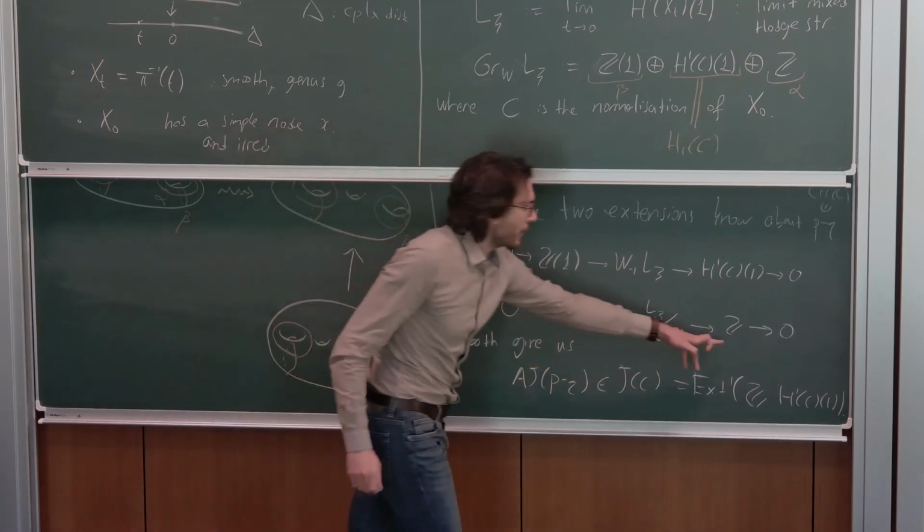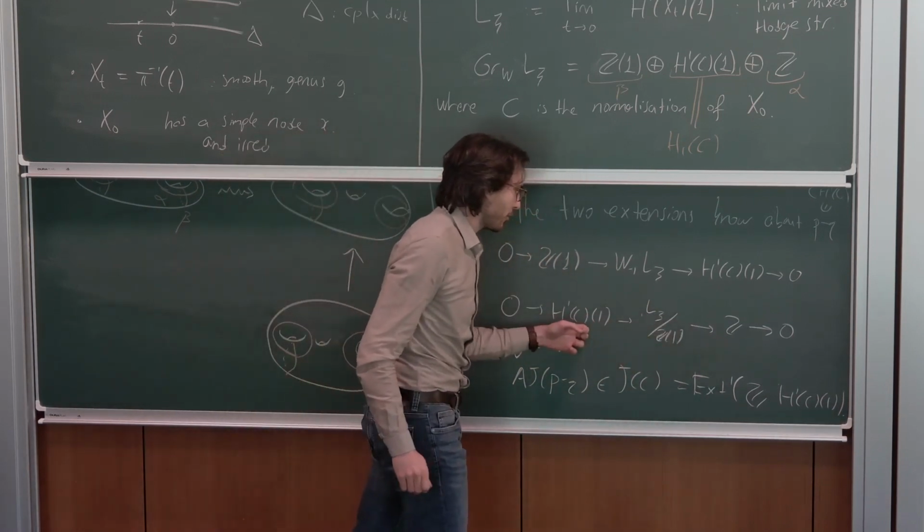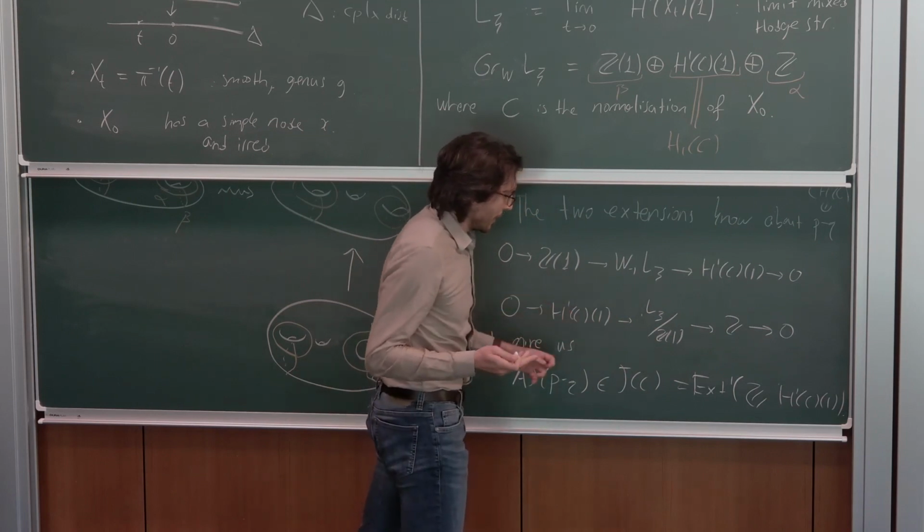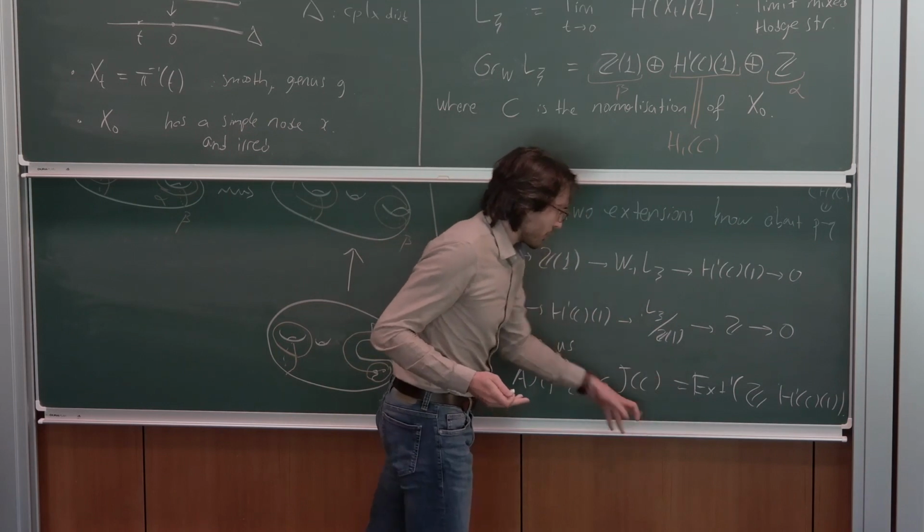And so you lift the section, project it back down, modulo your choices in lifts, and you get a well-defined element of the Jacobian.